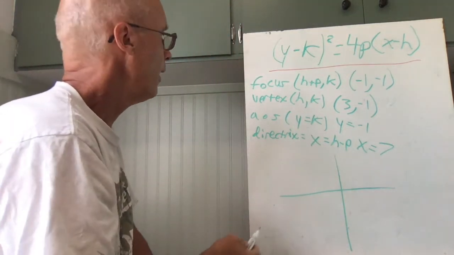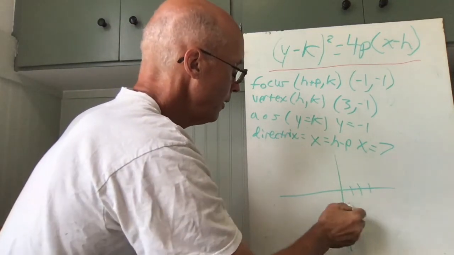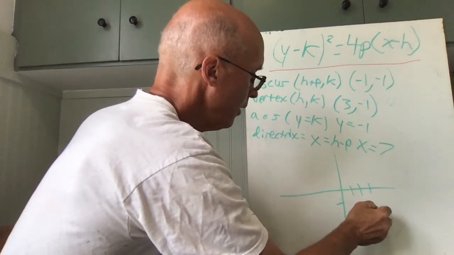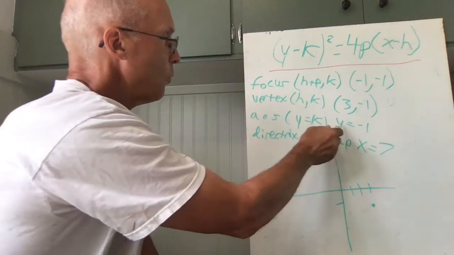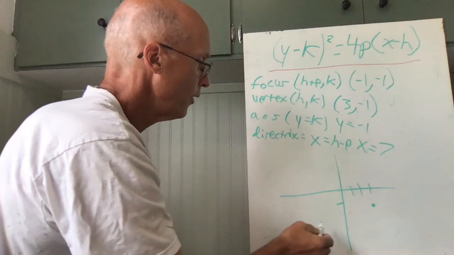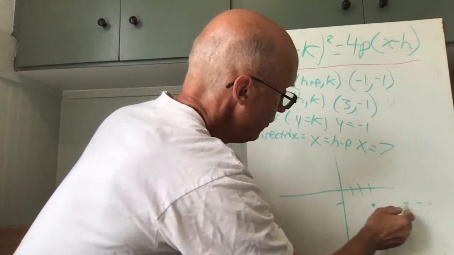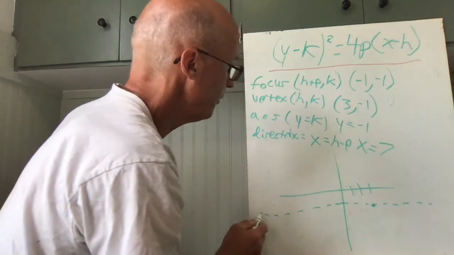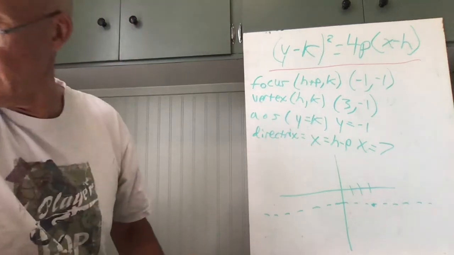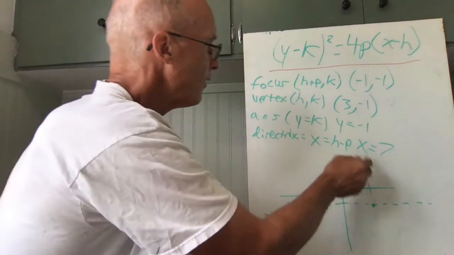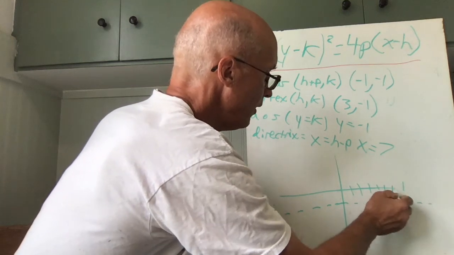So, vertex is 3, negative 1. Over 3, down 1. That's going to be your vertex. Axis of symmetry, y equals negative 1. So it's going to be going this way. This is going to be your axis of symmetry. The directrix is going to be x equals 7, so over 7, 3, 4, 5, 6, 7.